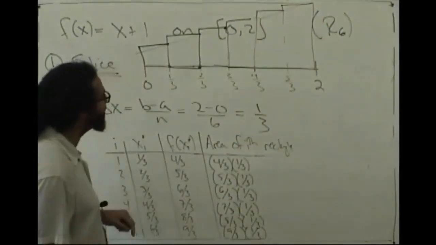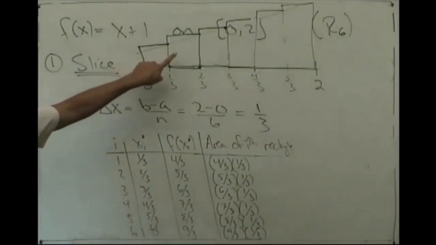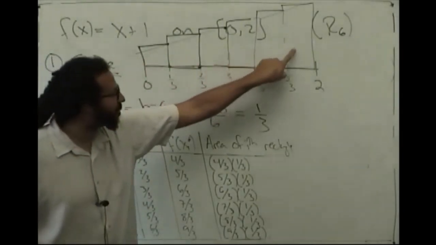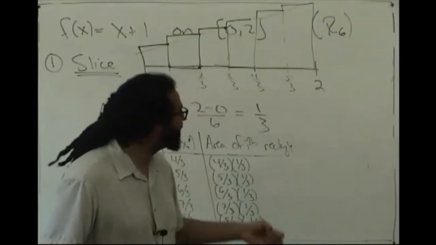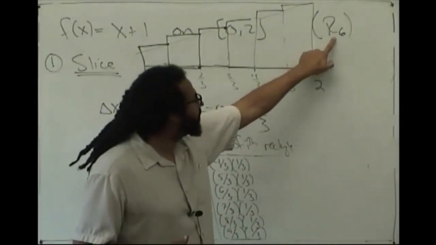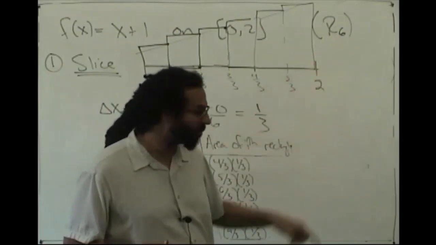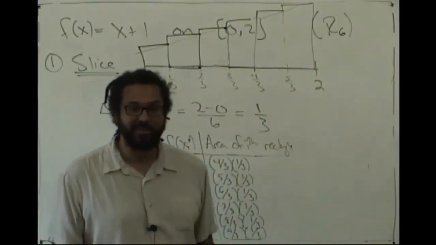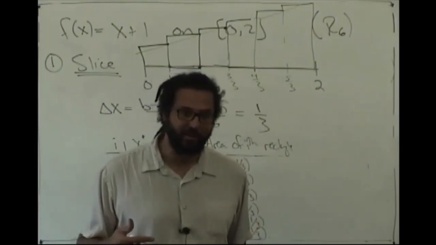I'm sort of out of the screen now, but basically that is it. So I'm going to find the areas of each one of these rectangles and then add them up, and that will be the right endpoint approximation using 6 rectangles. And remember, the answer that we get should be something close to the actual area, which is 4.